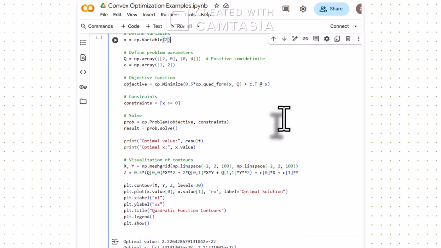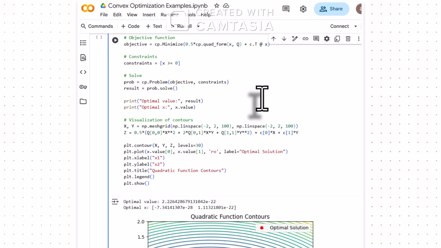Then the problem is defined: the matrix Q equals [[2, 0], [0, 4]], which represents the curvature, that is positive semi-definite, so the function is convex. The vector c equals [1, 2] and represents the linear coefficients. And the objective function is to minimize a quadratic function of x.